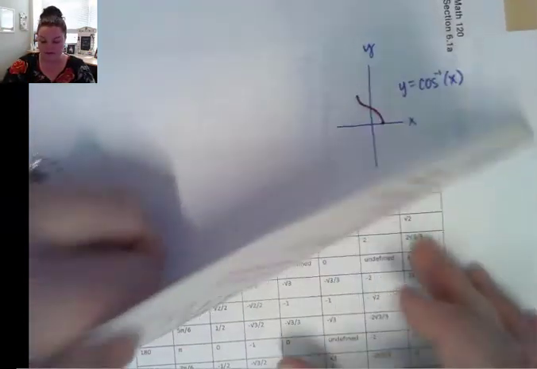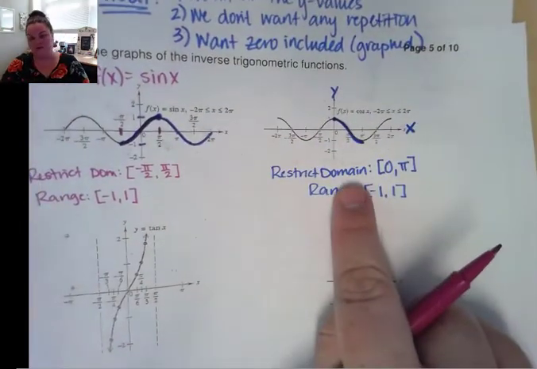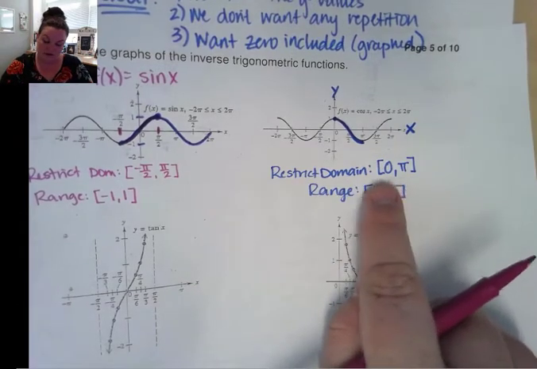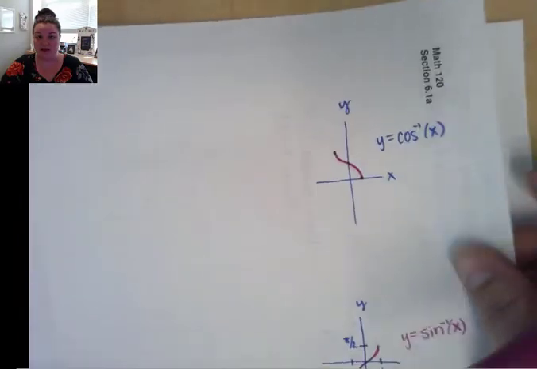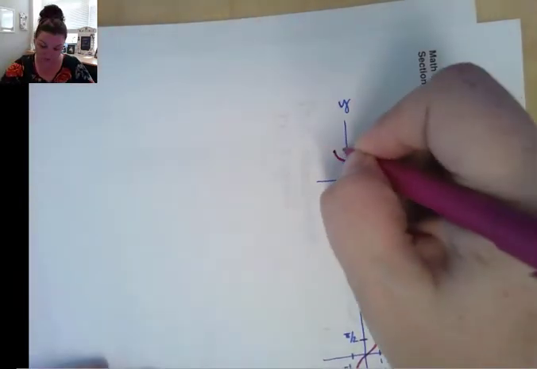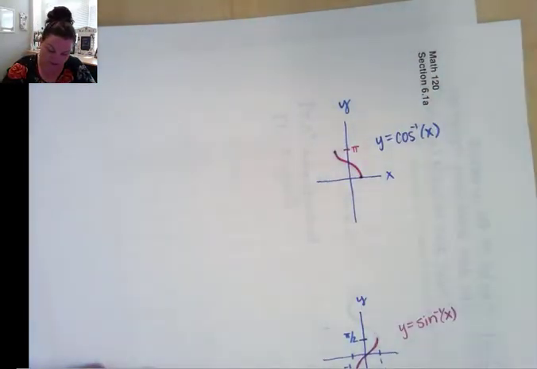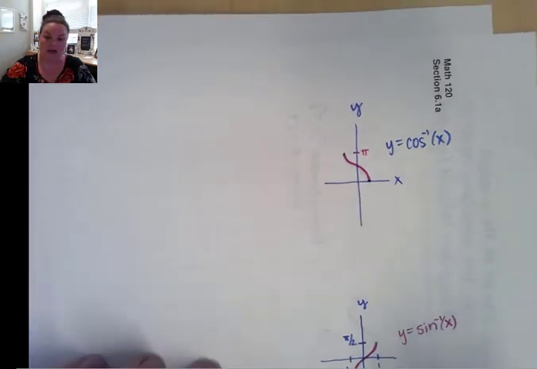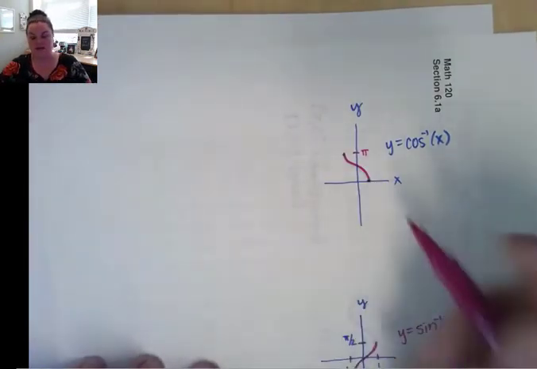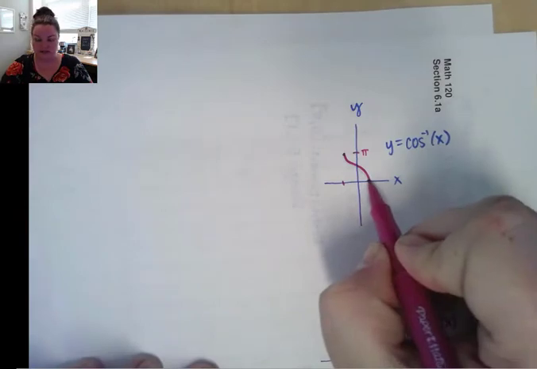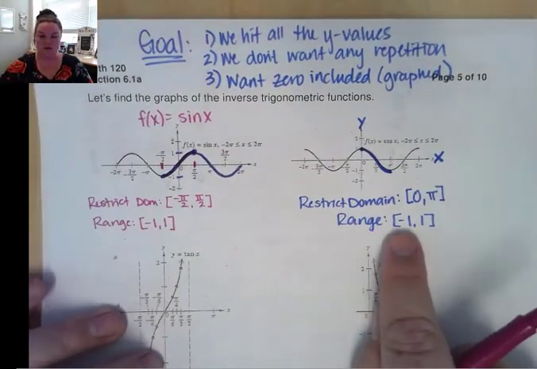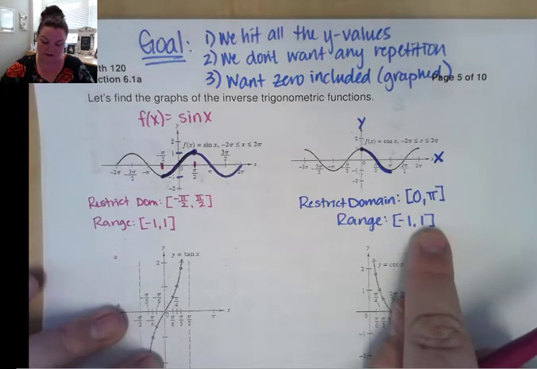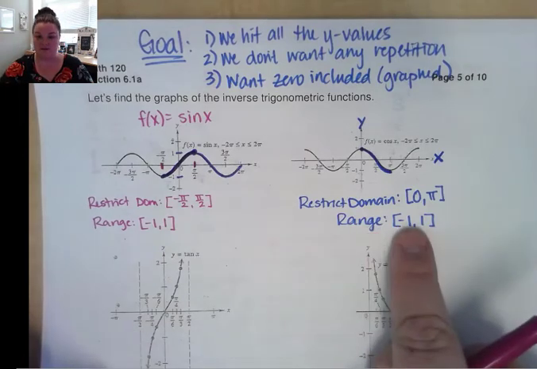right? Now remember, our original over here, if I flip it back over, the domain went from 0 to pi. So our x's went from 0 to pi. So now our y's, when we flip it over, are going to go from 0 up to pi. Okay? And our x's, our side-to-side values from here to here, I need to look, our original y values went from -1 up to +1.